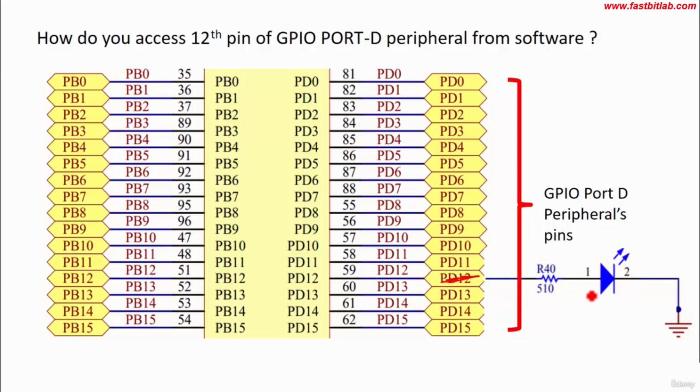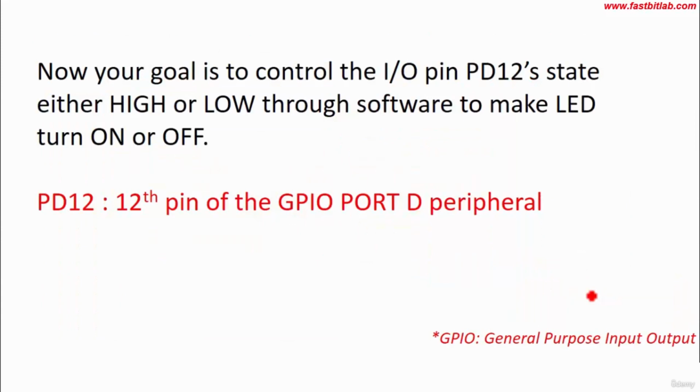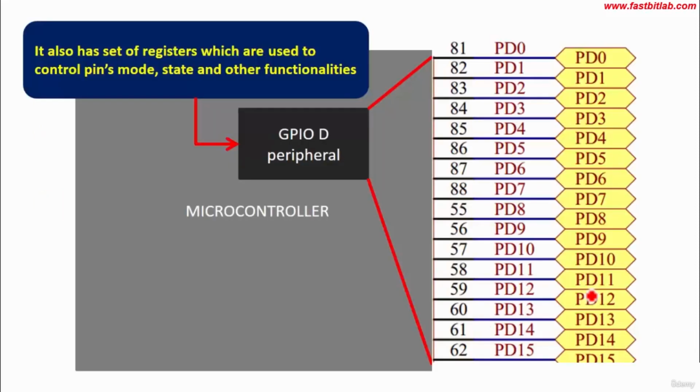Now the question is, how do you control this pin from the software? Your goal is to control the IO pin PD12 state, either high or low, through the software to make the LED turn on or turn off. And we are going to learn that. For this, you have to understand how these pins are controlled from the microcontroller, and we'll understand that in the next lecture.